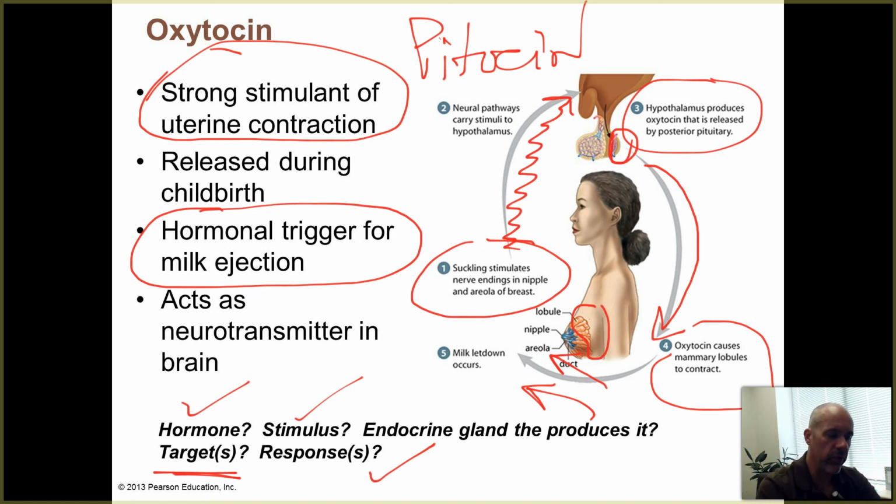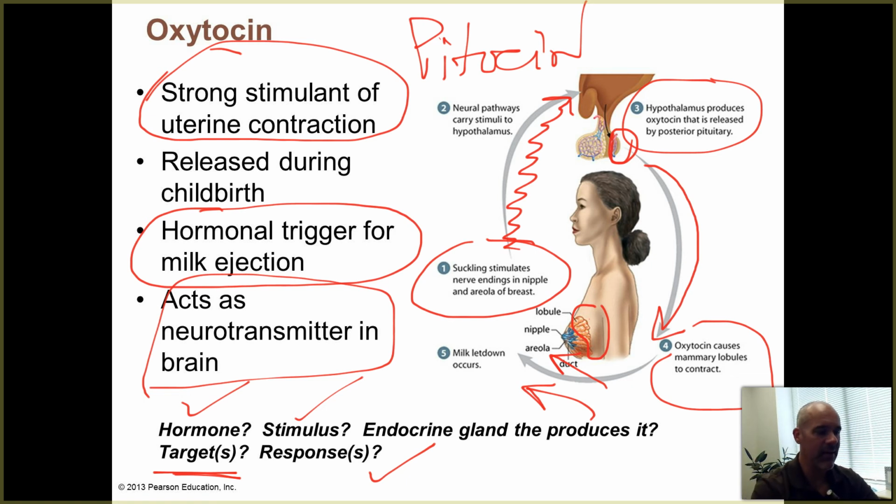Oxytocin has some other roles as well. It functions as a neurotransmitter in the brain. It's thought to be one of the main hormones involved with feelings of bonding, like when a mother is bonding to a nursing infant, but also bonding between males and females, as one of those feel-good bonding hormones. Interestingly, I've even read that when you're petting your dog, the dog actually releases more oxytocin, which stimulates feelings of bonding within the brain.